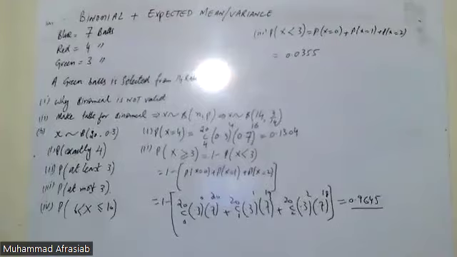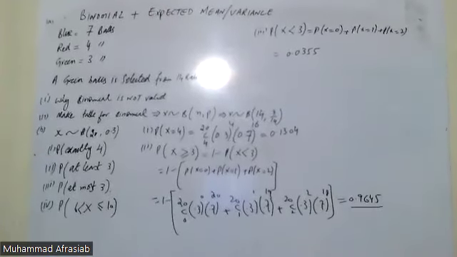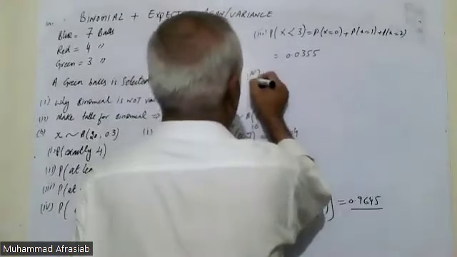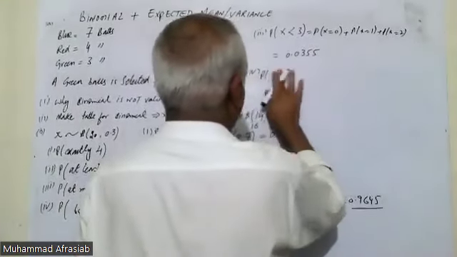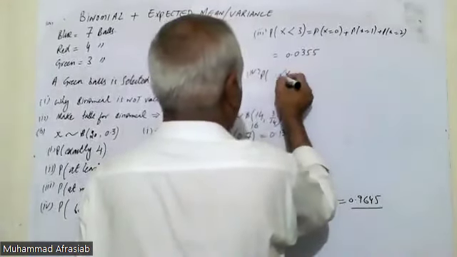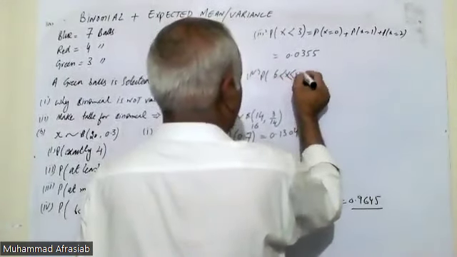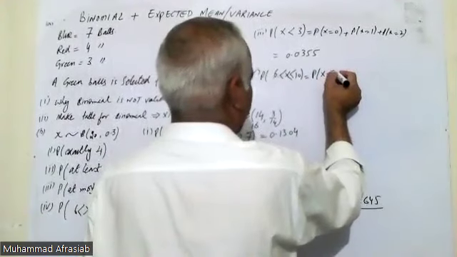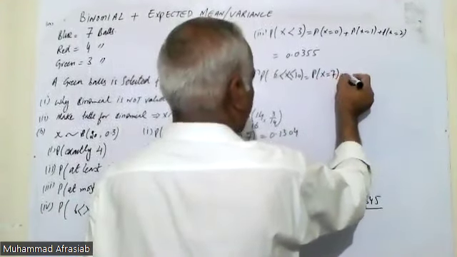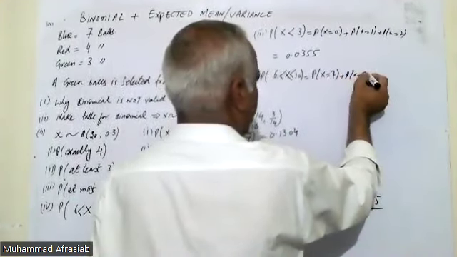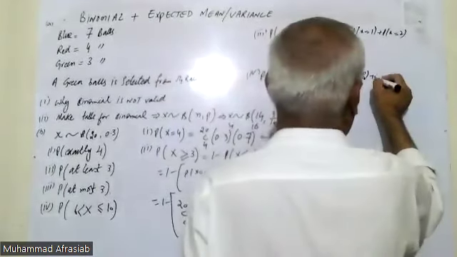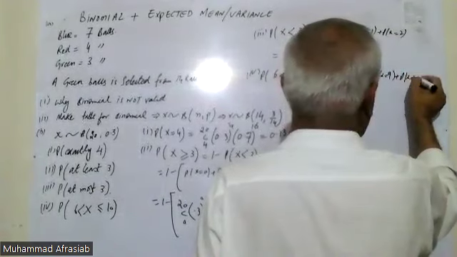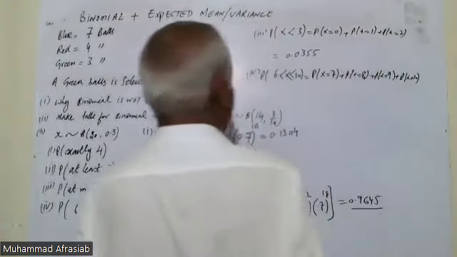And the last part, the probability of X greater than 6 and less than or equal to 10. That means the probability of X equal to 7 plus X equal to 8 plus X equal to 9 plus X equal to 10.